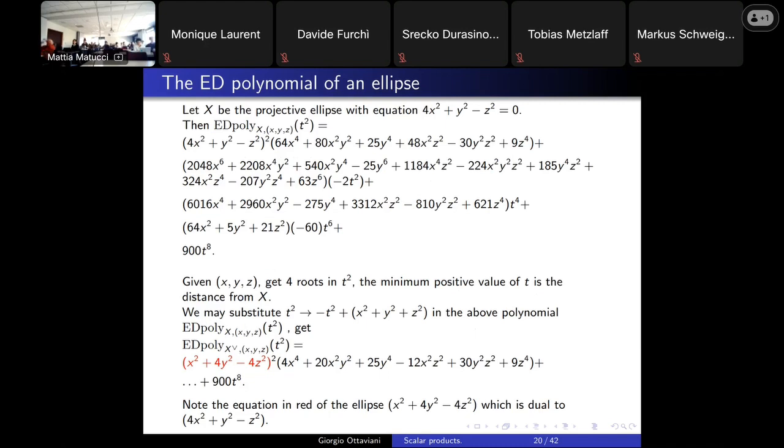And then you get a new equation, and what is nice is that you have the same term here, and in the constant term in red you get the dual ellipse. The dual ellipse, remember, was constructed by the inverse classically. So in principle, this gives a way to compute also the dual variety, but it gives more because it computes the equation.